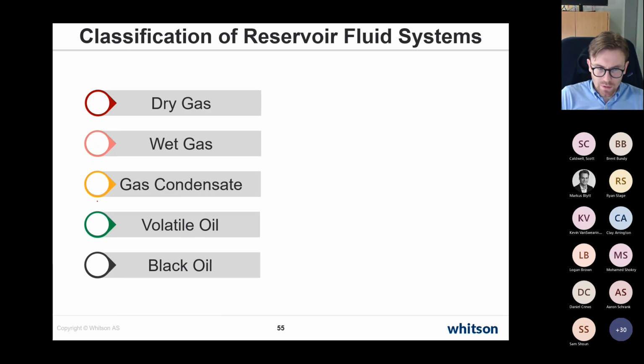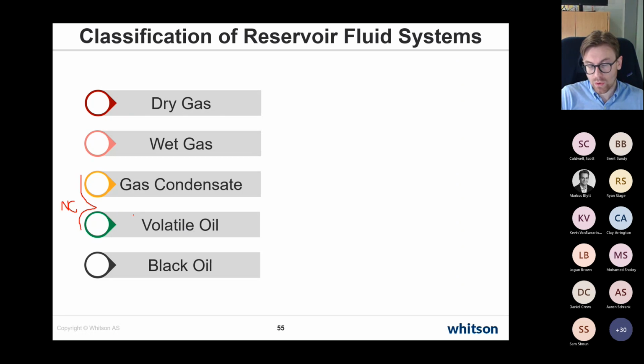Sometimes that's a little bit of a diffuse definition to some degree, but between gas condensates and volatile oils, it's something that we sometimes just call near critical fluids, NCs, okay? And that just means that the pressure and temperature is very close to the critical point of that fluid.